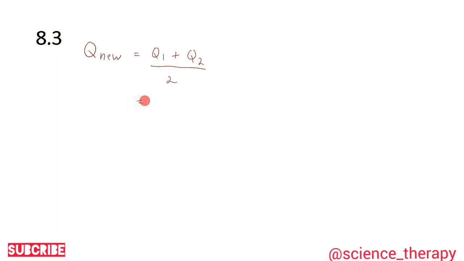So our Q1 being 4.2 times 10 to the exponent of negative 9, then plus, remember this is a grade 10 formula, so we substitute in the negative, then negative 6.8 times 10 to the exponent of negative 9, then all that over 2, right?